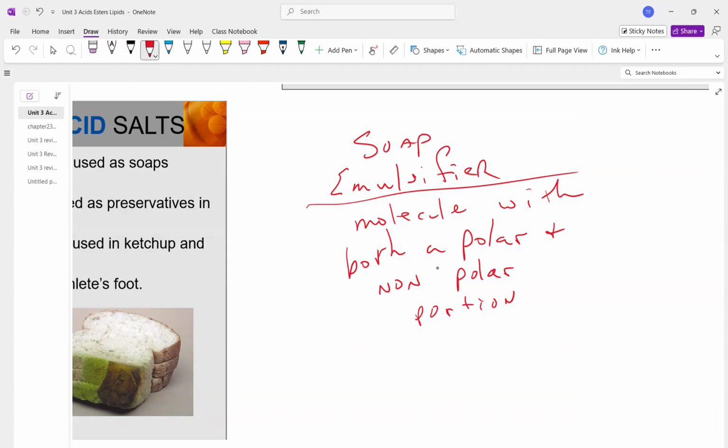Now, soap looks like this. Got a big, long, non-polar chain plus the acid end.